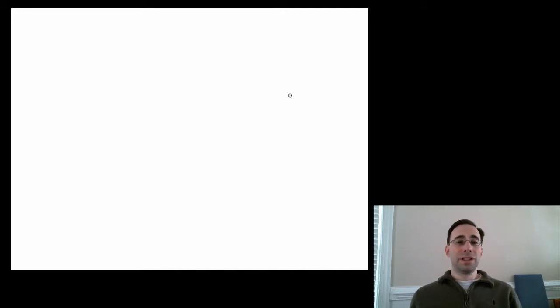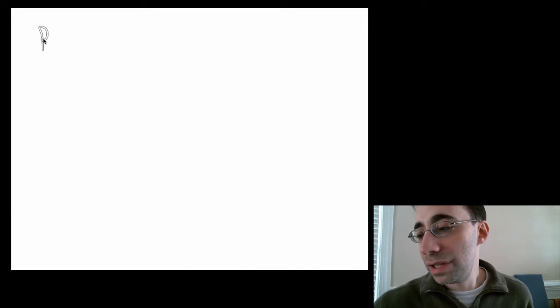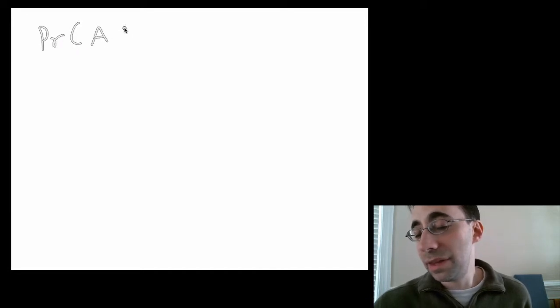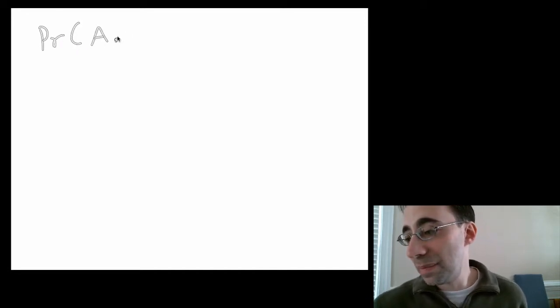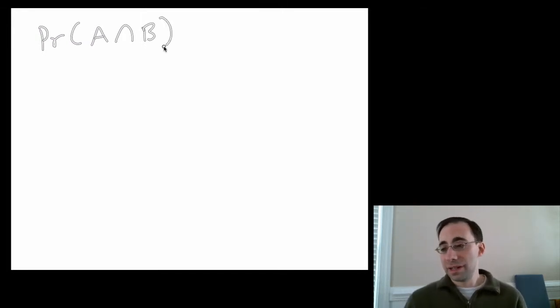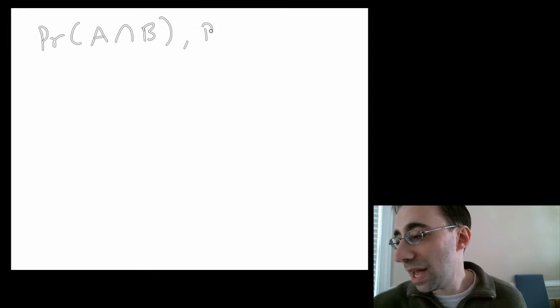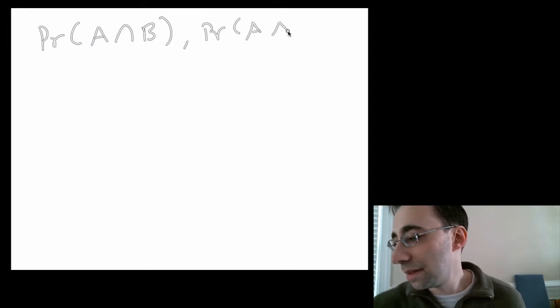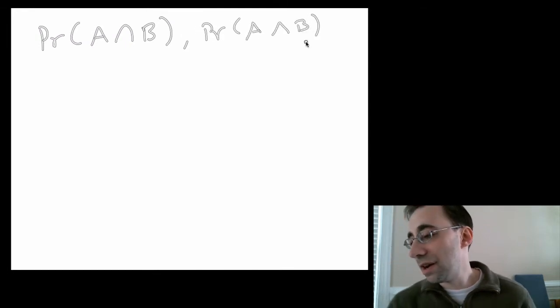We might also be considering some kind of joint probability. A joint probability is a probability that two or more things happen together in some fashion. There are really two kinds of joint probabilities we might be interested in. The first is the probability that two events happen together. This is an intersection. You may also see this with an upside down caret.